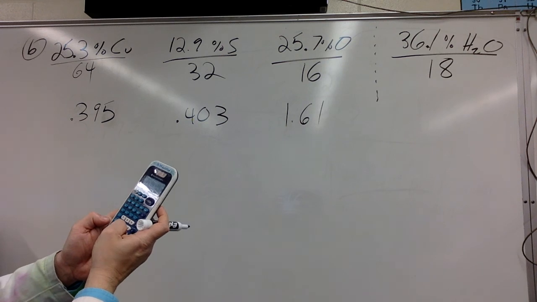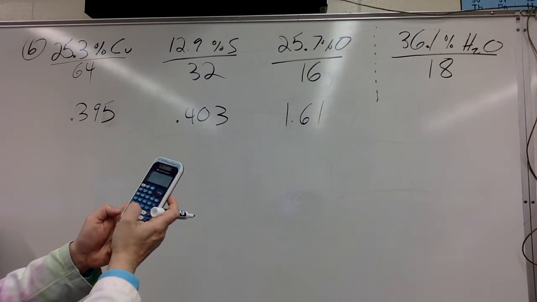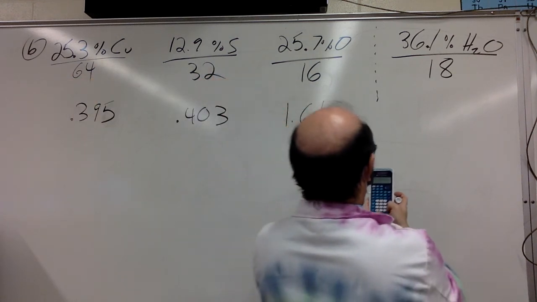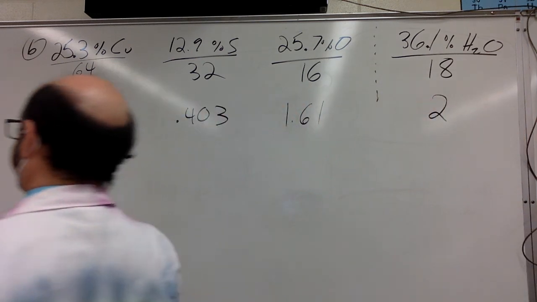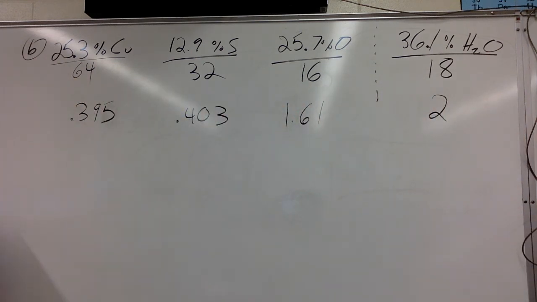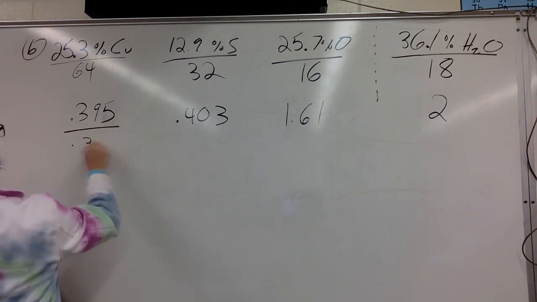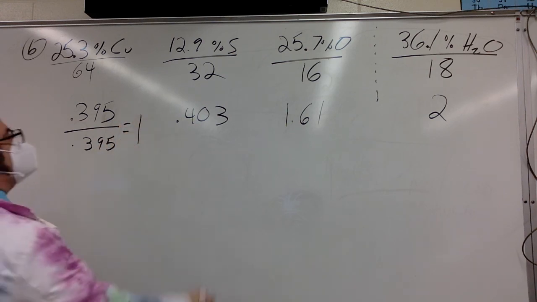And just for giggles, we do the other one also. Not that we have to do that. 36.1 divided by 18 gives us 2 for waters. So we have to divide by the smallest number. Out of those numbers, what is the smallest? It would be this one. 0.395 is going to give us a 1.